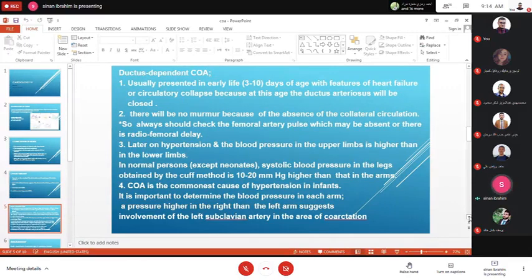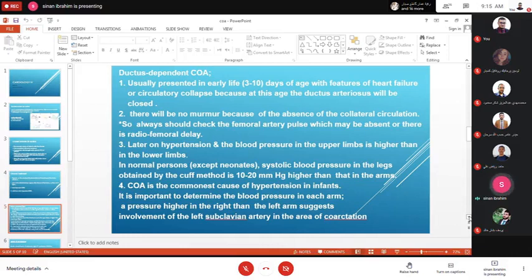The patient will have no systemic circulation, so they present with severe collapse, acidosis, heart failure, and all signs symptoms. Patient looks like shocked or septic because of severe coarctation. Especially after the ductus will be closed.